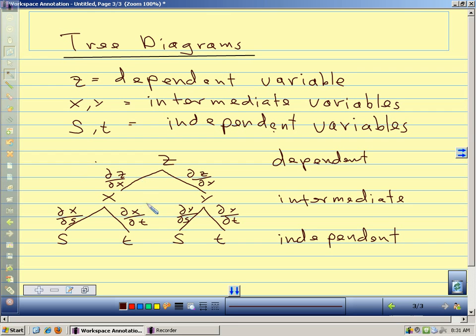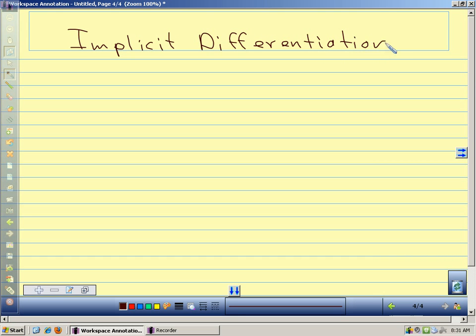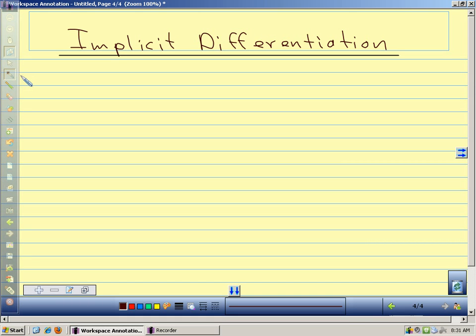So we can use the chain rule to simplify implicit differentiation. Remember when we talked about implicit differentiation in the past, we had some function that wasn't written explicitly in terms of x.